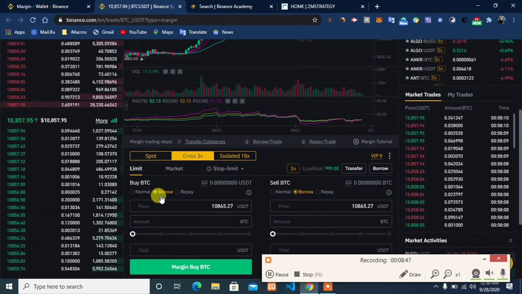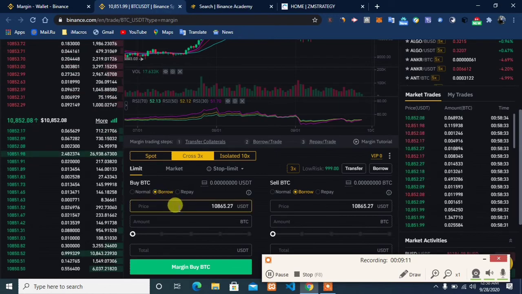Since you are sure, and the money you have in your account is not much, say you have $1,000 in your account, and you want to make more profit, you can mark this borrow.